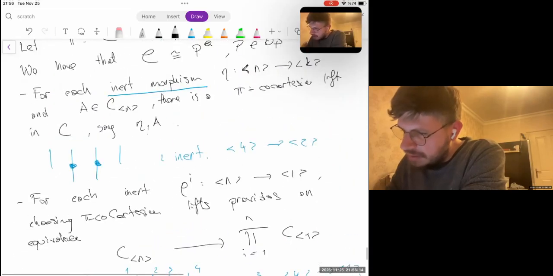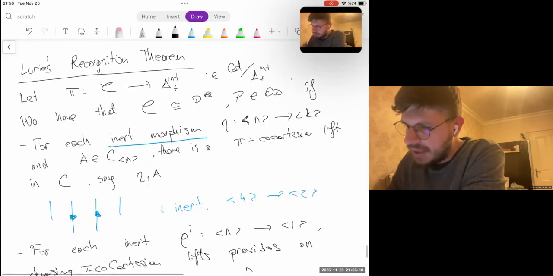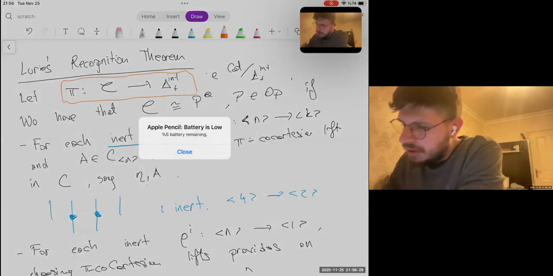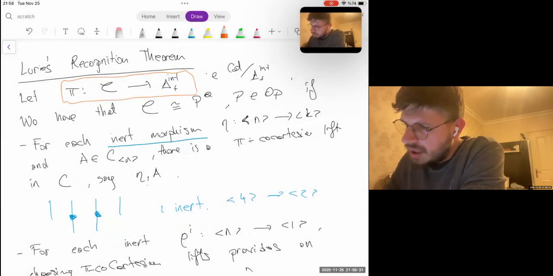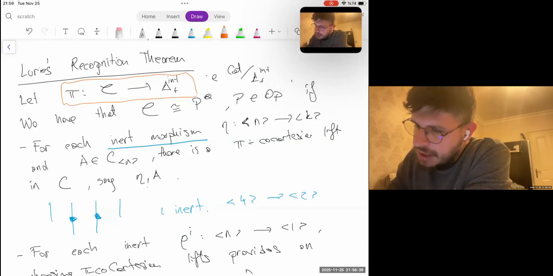So the moral of the story is that you can sort of characterize what's an operad. So you look at which one of these functors is an operad. And so Lurie's model is based on this idea, and then you define basically an infinity operad here.